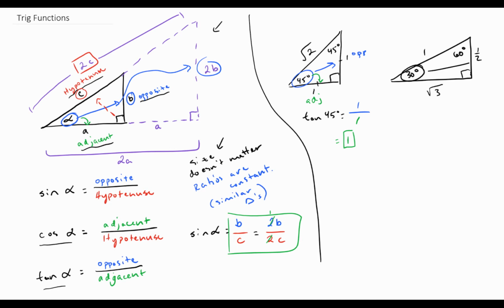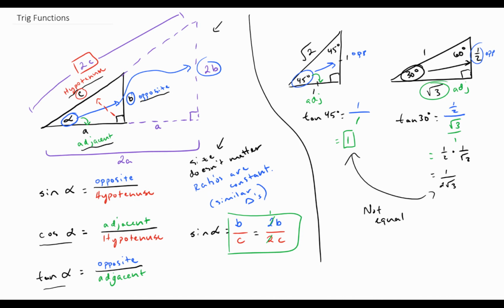If I'm looking for the tangent of 30 degrees, we're going to get 1/2, the opposite side, over the square root of 3, the adjacent side. Clearly those are not equal, which makes sense. If you adjust the angle, these are not similar triangles, and therefore they are not proportional.